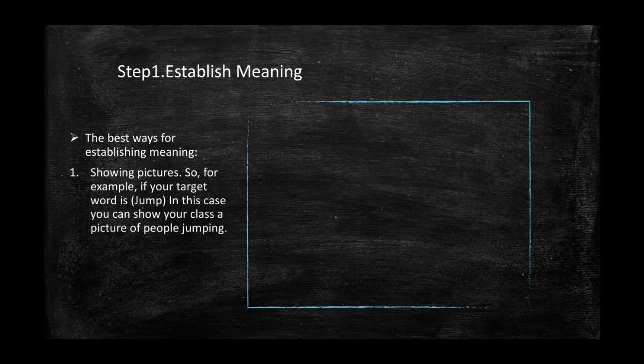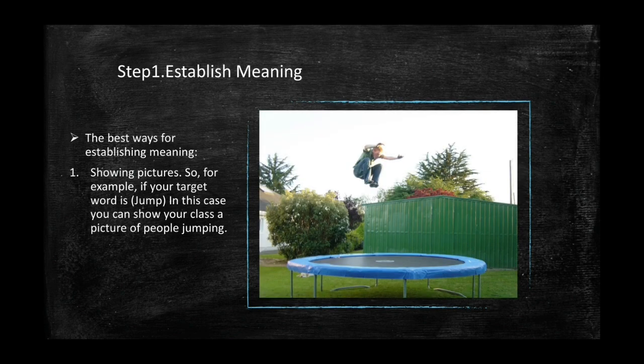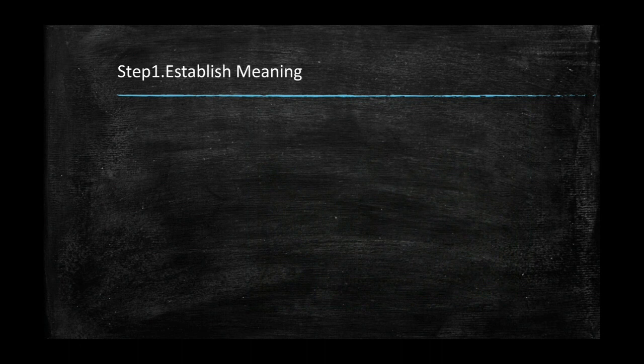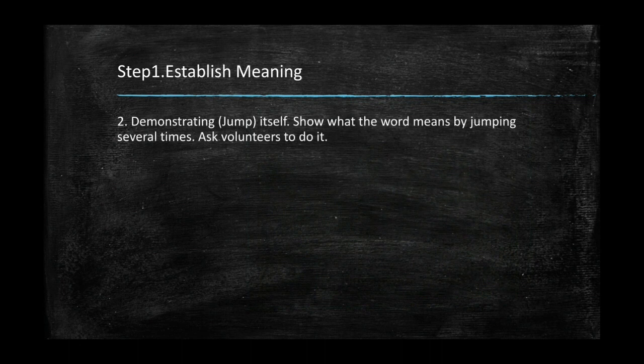For example, if your target word is jump, in this case you can show your class a picture of people jumping like this. Another technique is by demonstrating jump itself. Show what the word means by jumping several times, and you can ask volunteers to do it.